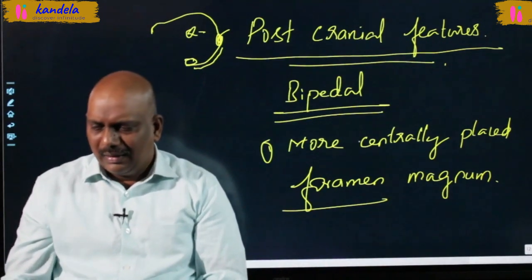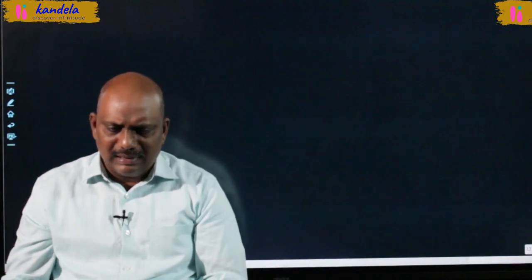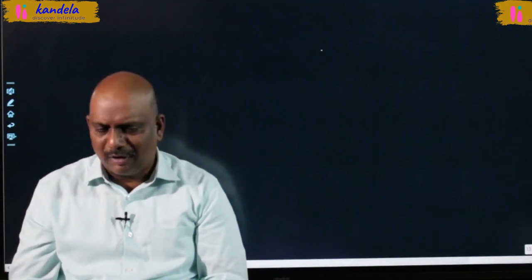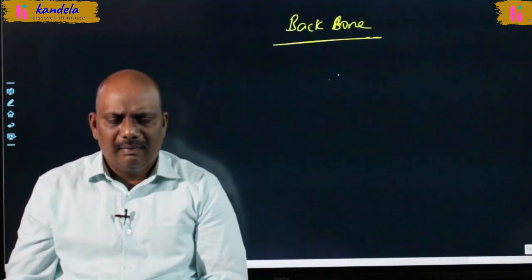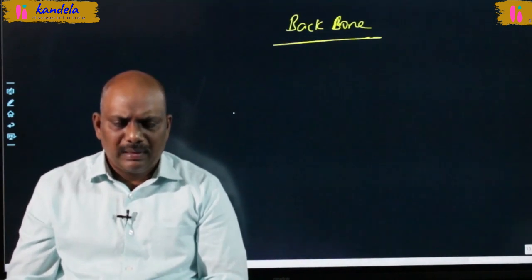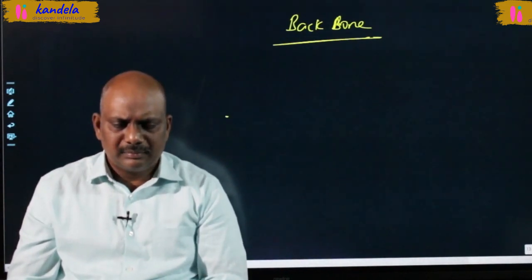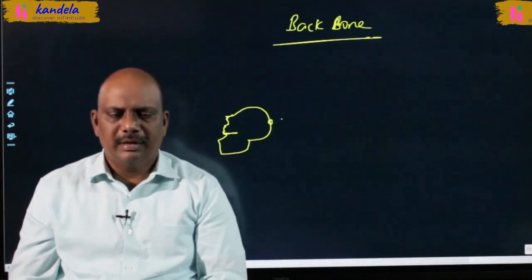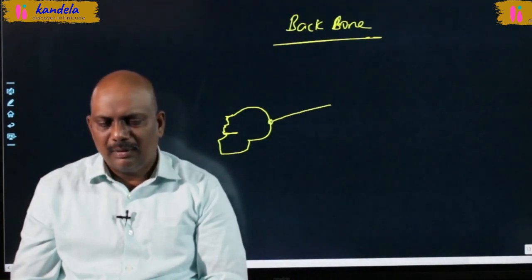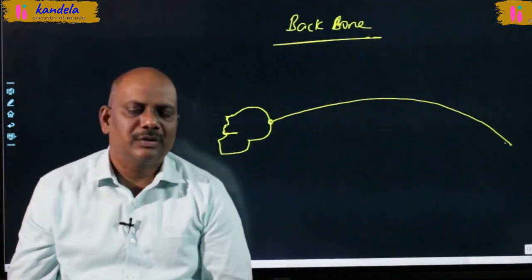Then the next thing is about the vertebral column, or our backbone. When the apes had quadrupedal locomotion, the foramen magnum used to be here and the vertebral column used to have only a single arch.